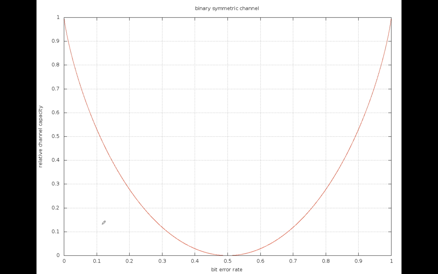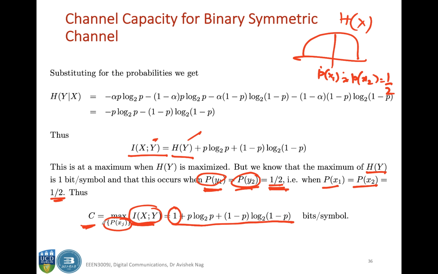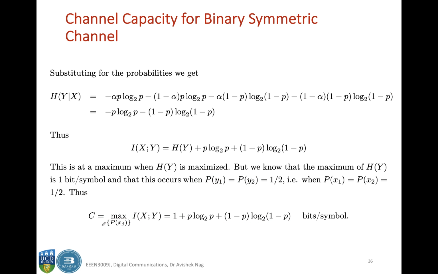So if you plot the capacity that you obtain, your C is basically 1 plus P log 2 P plus 1 minus P log 2 (1 minus P).